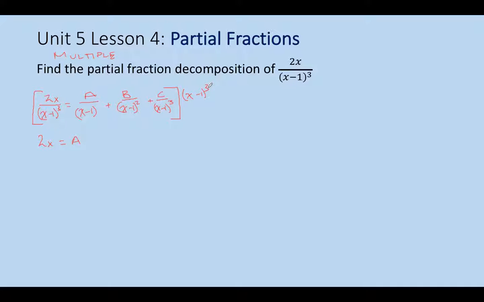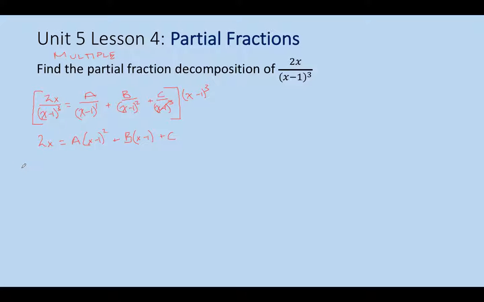But here, cubed divided by the 1, when I divide exponents with the same base, I subtract, so it would be x minus 1 squared. And then I've got b, and then 3 minus 2 is 1, so that's just x minus 1. And then here, the cubes cancel out the entire cubed, so I get plus c. All right, so I've written it now without any fractions.